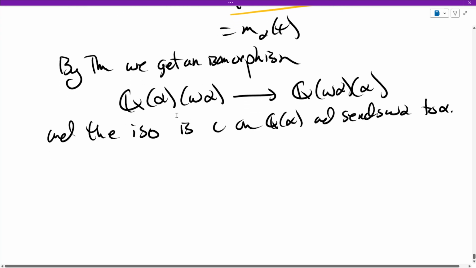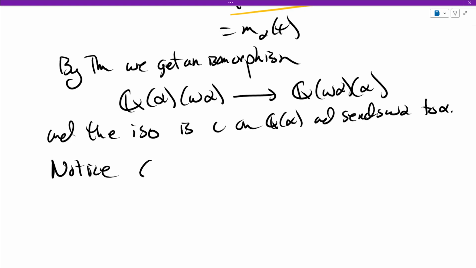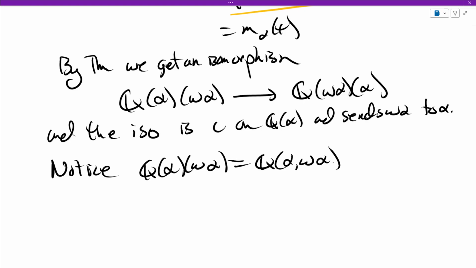Okay, cool. One last thing I will say to show you what's really happening in this theorem, and we're going to come back to this a little bit later when we talk about splitting fields. Let's notice that when we add in alpha and then we add in omega alpha, that's like adding in alpha and omega alpha.